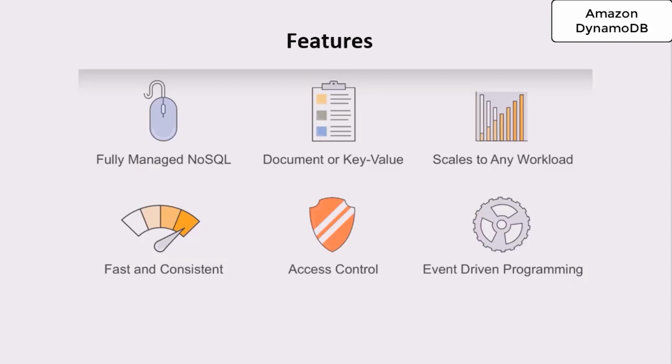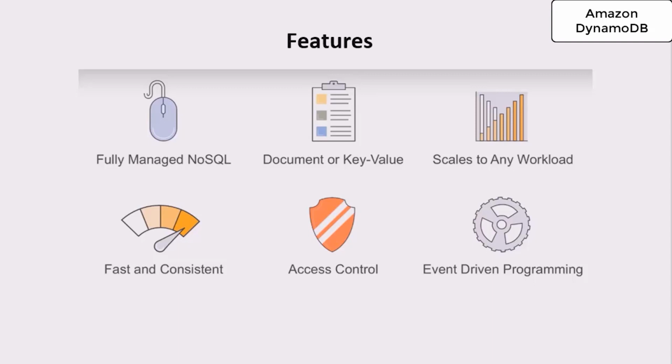And the fifth one is access control. You can use IAM policy to give access to anybody to DynamoDB, and you can leverage the IAM functionalities in DynamoDB as well. And the sixth one and the most important one is event-driven programming.